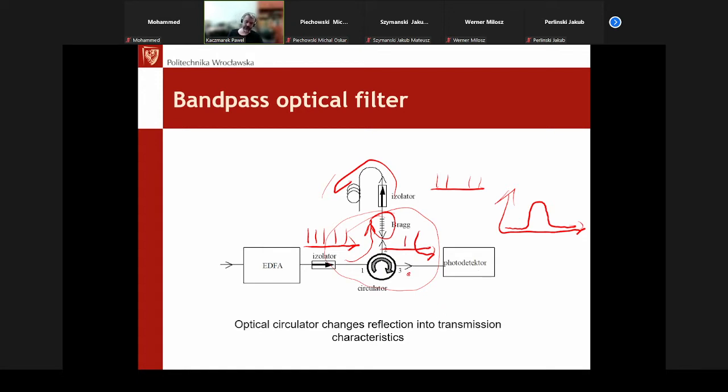There are also different possibilities with the Bragg grating. Sometimes we want to only cut some band of the signals, but we don't want to reflect it.